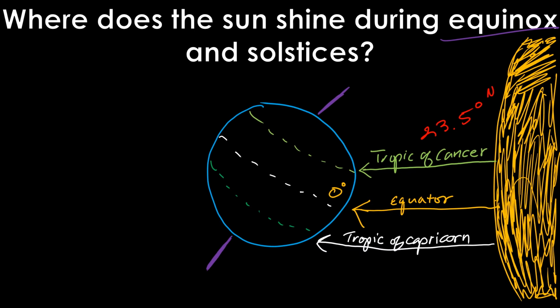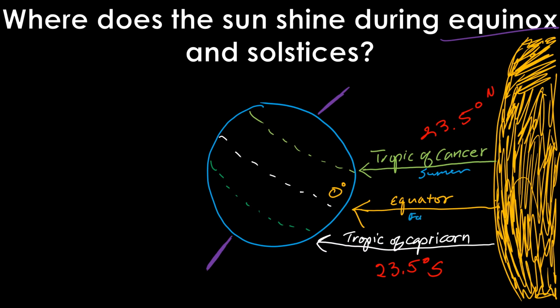The Tropic of Capricorn is 23.5 degrees south, the lowest point that our sun falls during the winter solstice. And so this really helps us see how this works. During the summer solstice, it'll shine directly on the Tropic of Cancer.